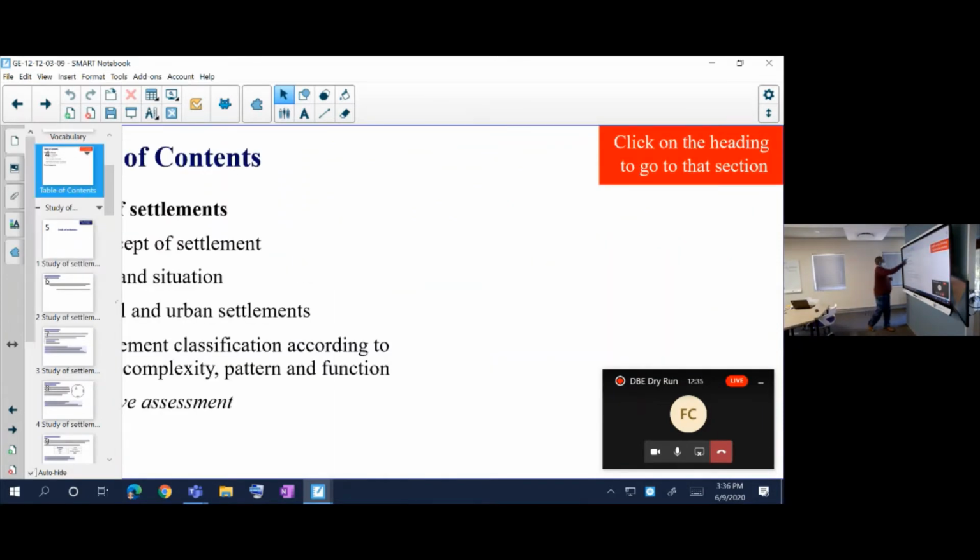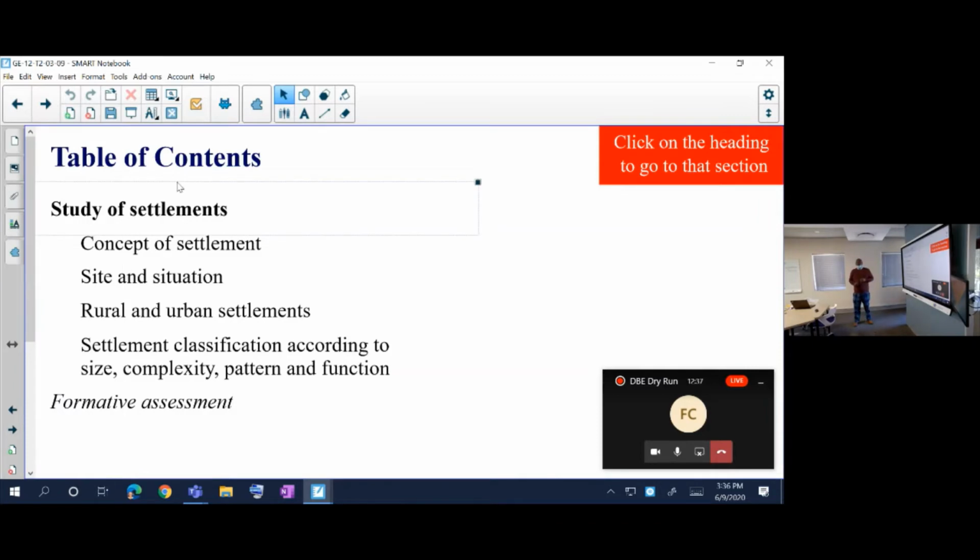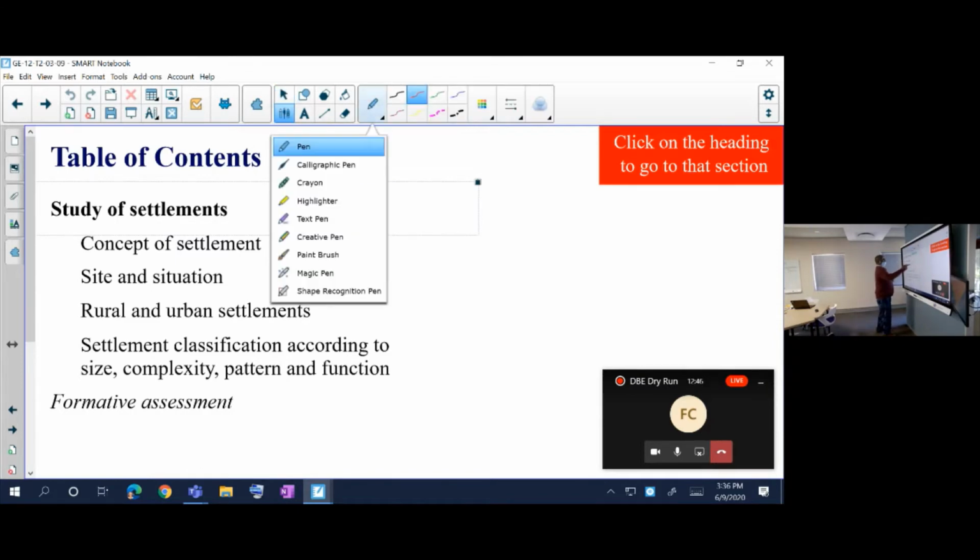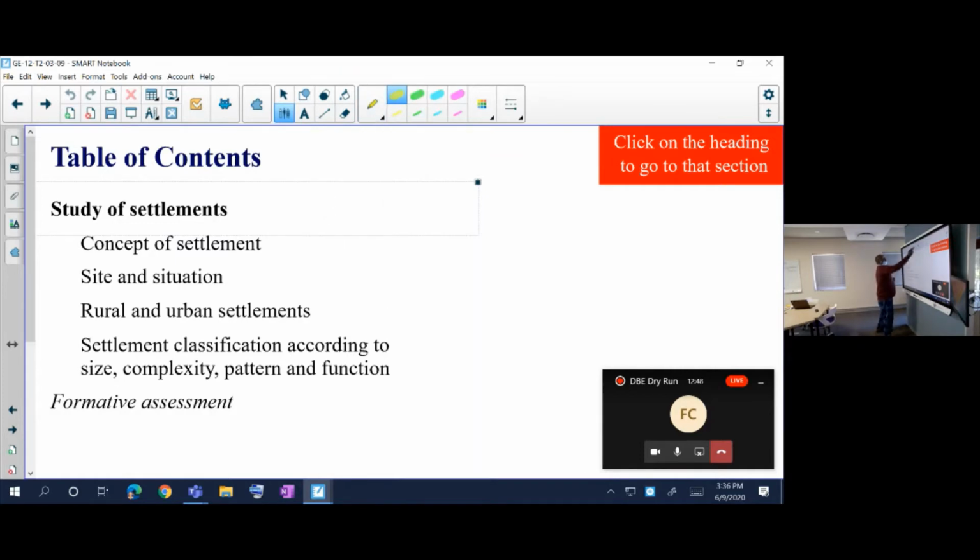Okay, just to check what we are going to be doing, here is our table of contents. We are looking at the study of settlement, the concept of a settlement, site and situations.